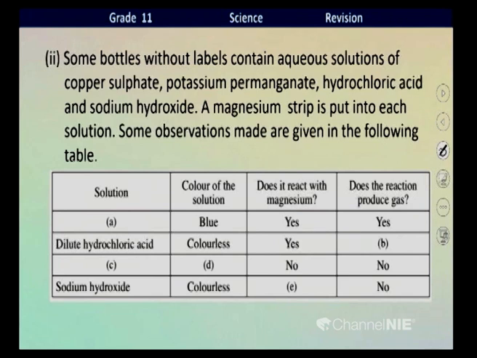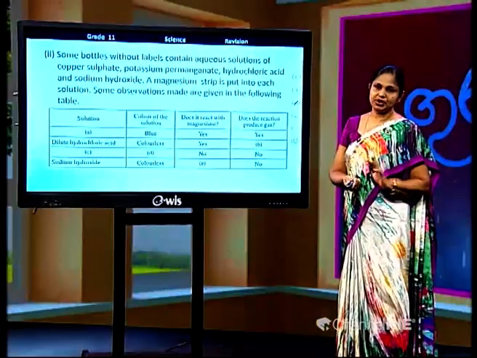Then does potassium permanganate react with magnesium? No. Then no gas is produced. Finally, when you take sodium hydroxide, children, it's a base. It doesn't react with magnesium. Normally bases do not react with metals, right? Then no gas is produced.